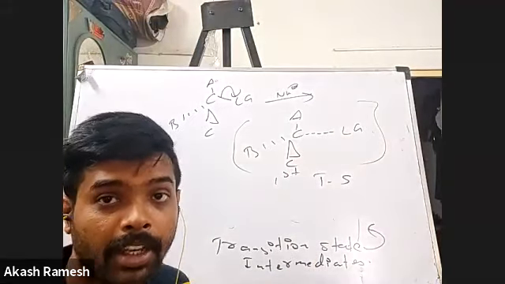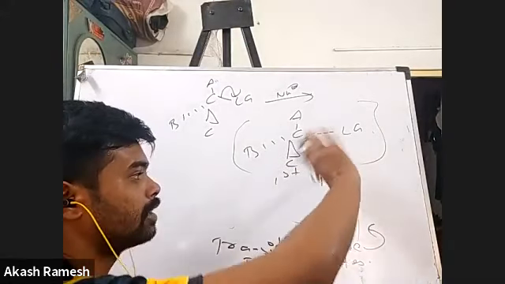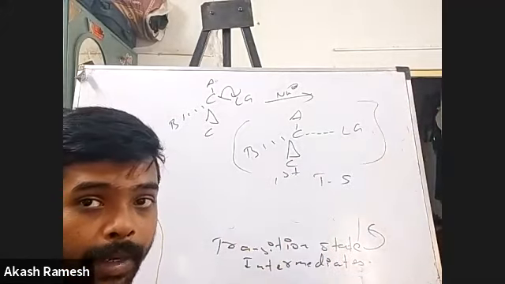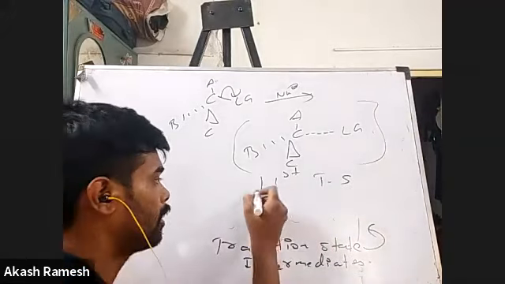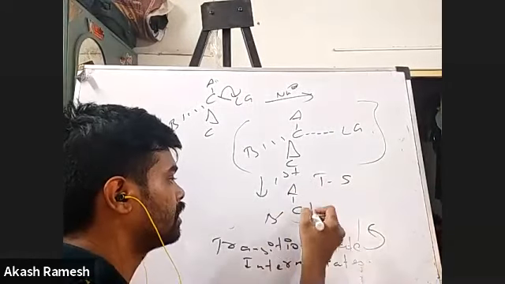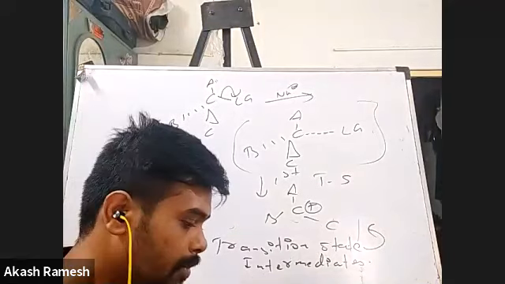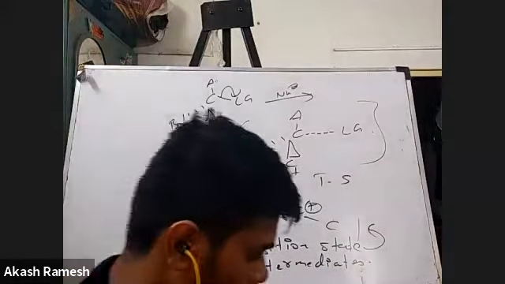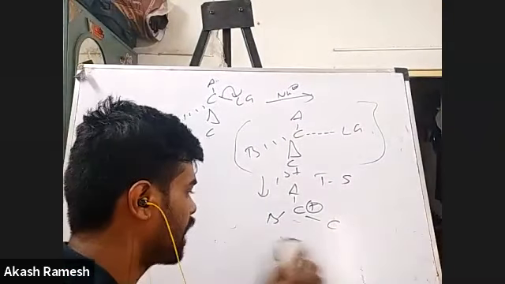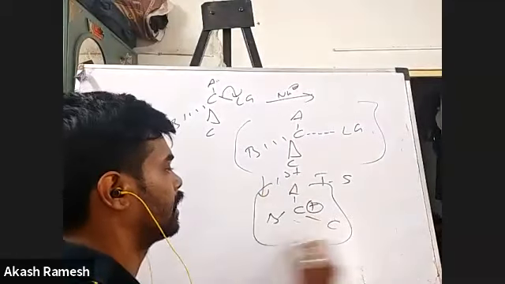Obviously, at the end of this step, the entire leaving group would have been gone, the bond completely broken. What will you be left with? You will be left with A, B, C with a carbocation, that is, the three groups with the carbocation getting formed. This is what happens in your SN1 reaction. Now, this is my intermediate.